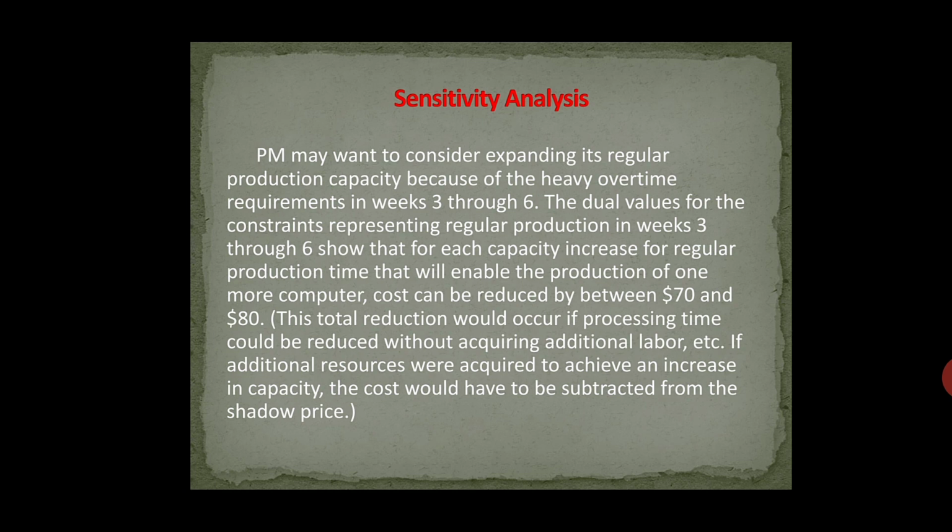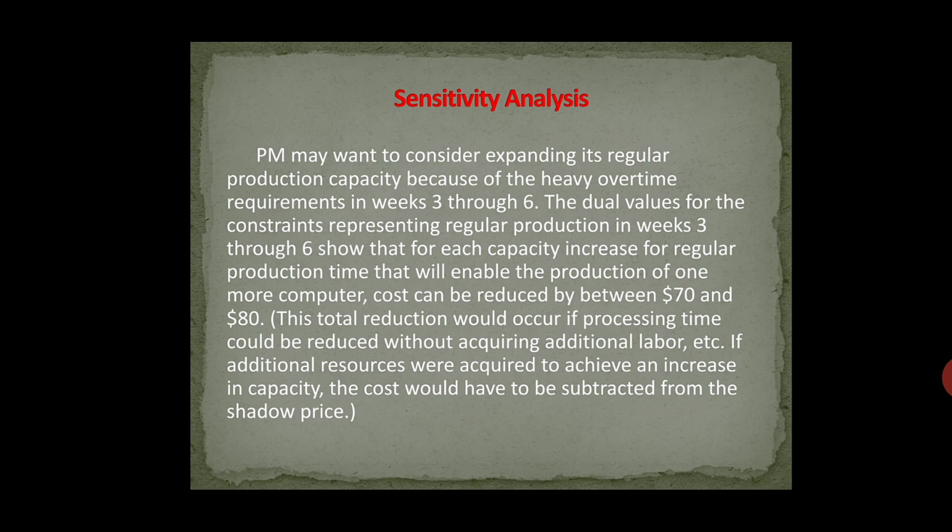PM may want to consider expanding its regular production capacity because of the heavy overtime requirements in weeks 3 through 6. The dual values for the constraints representing regular production in weeks 3 through 6 show that for each capacity increase for regular production time that will enable the production of one more computer, costs can be reduced by between $70 and $80.